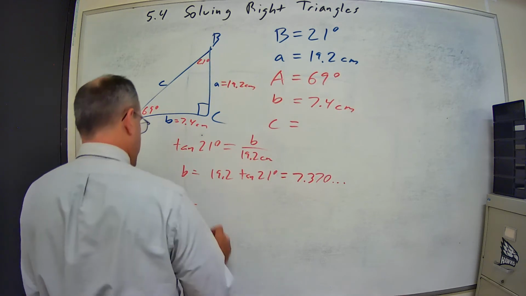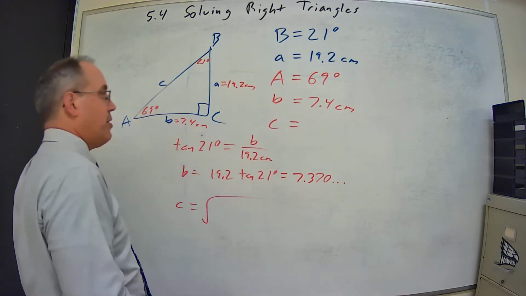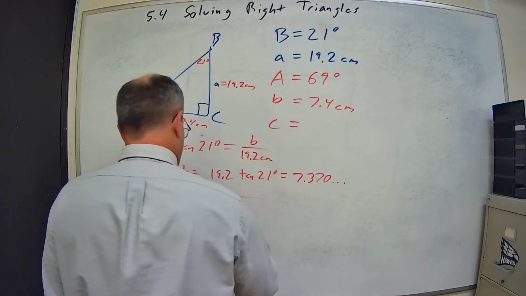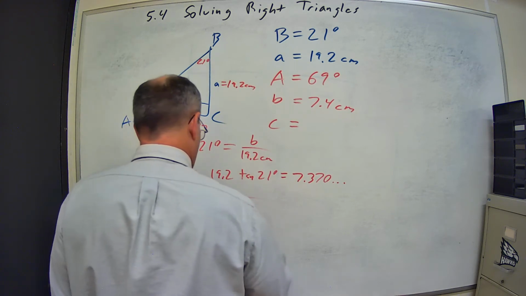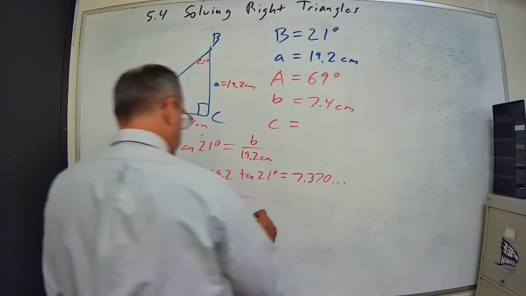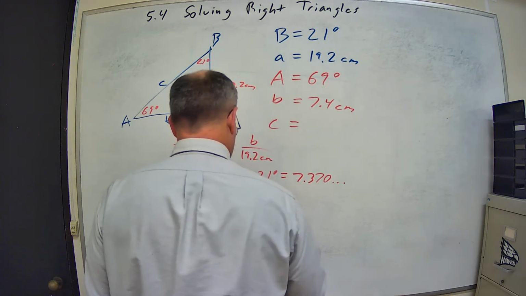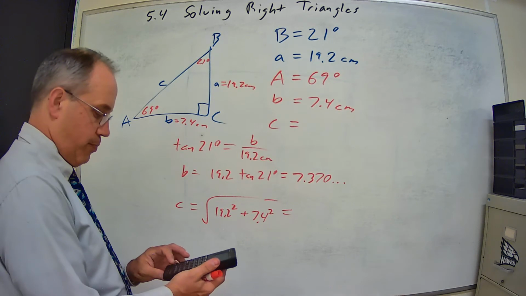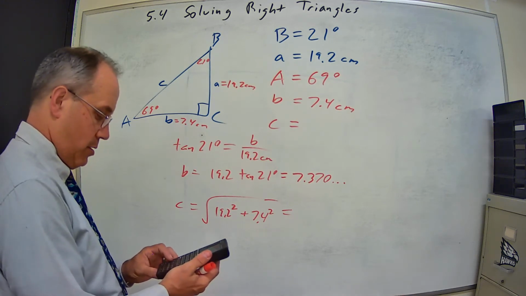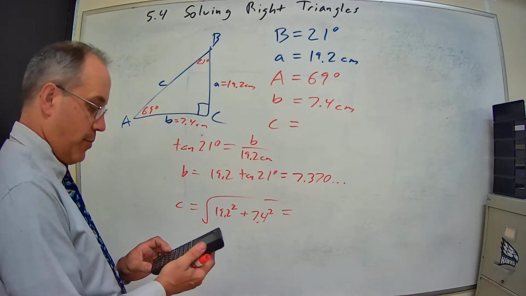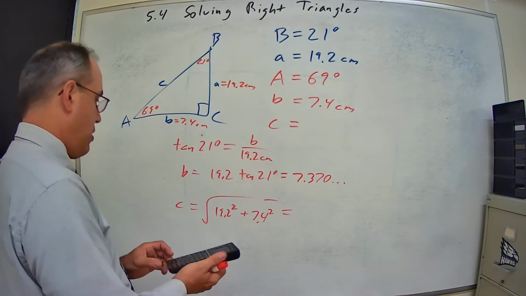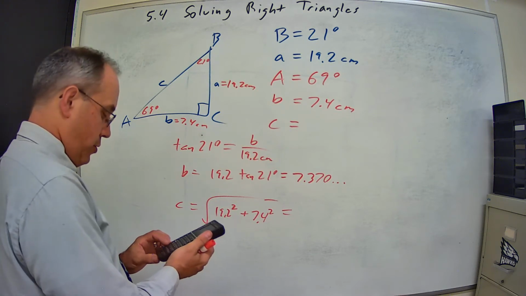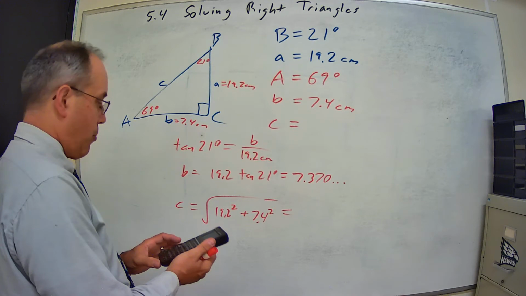Now to find side C, I have A and B. So finding side C is just using the Pythagorean theorem. So we have 19.2 squared plus 7.4 squared. 19.2 squared is 368.64. 7.4 squared is 54.76.